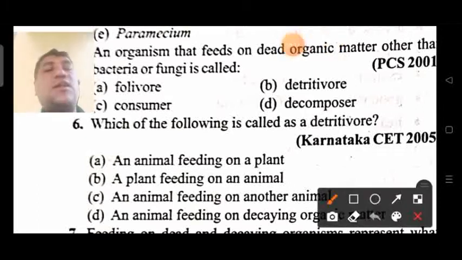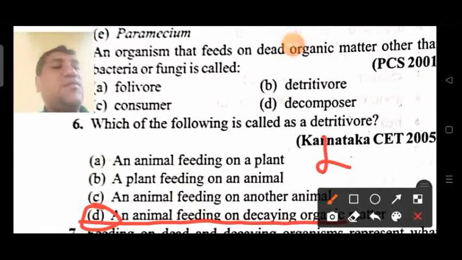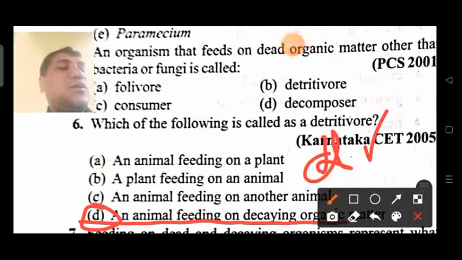So your answer can be the fourth option: animals feeding on dead and decaying matter are called detritivorous animals. So option D can be the answer for this question.